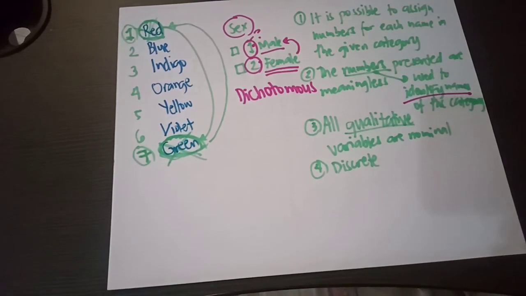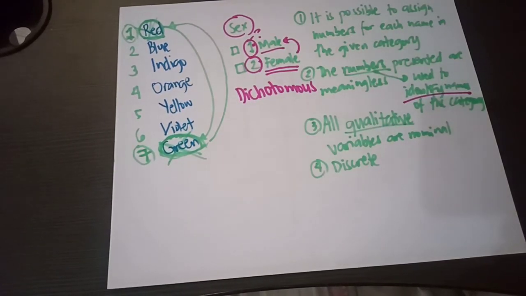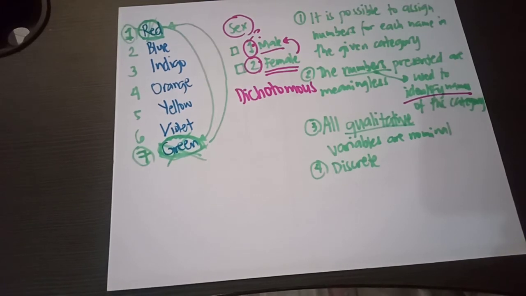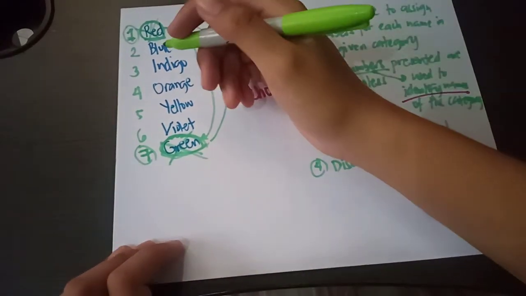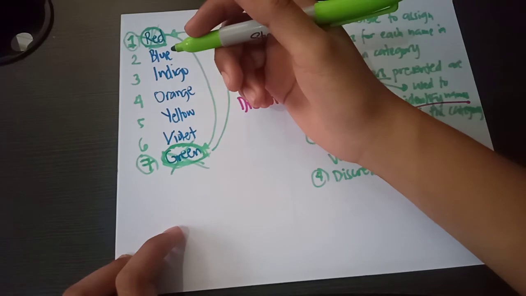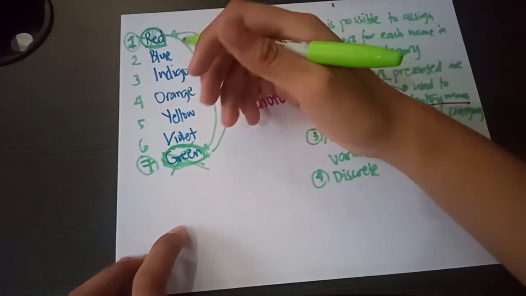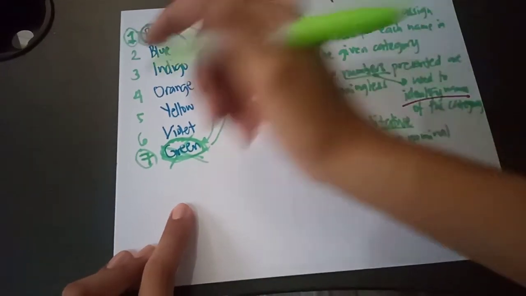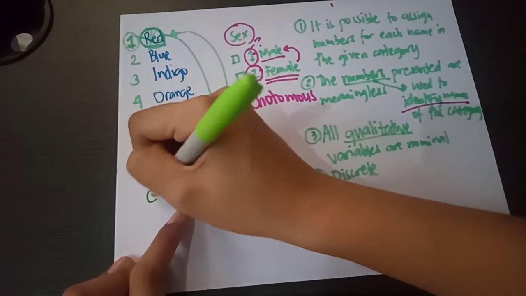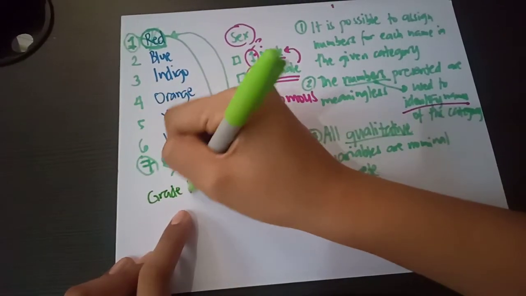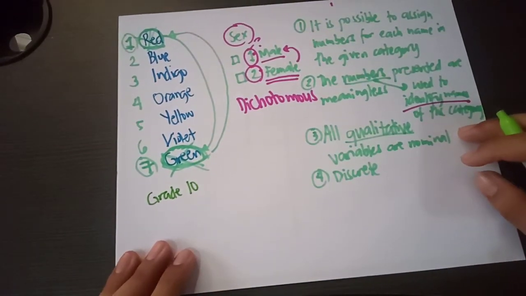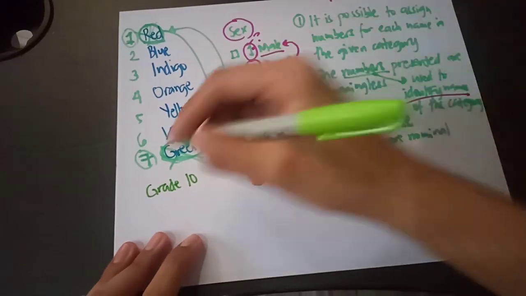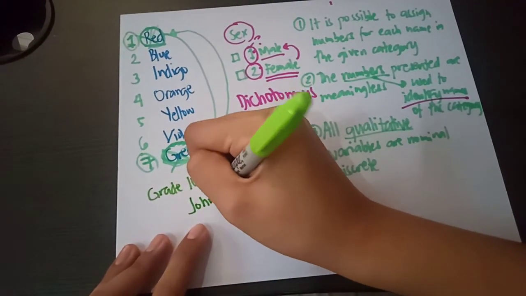Now, continuing with other characteristics of the nominal scale. Let's say, for instance, in a particular classroom, the classroom of grade 10, there are several persons whose name is John.